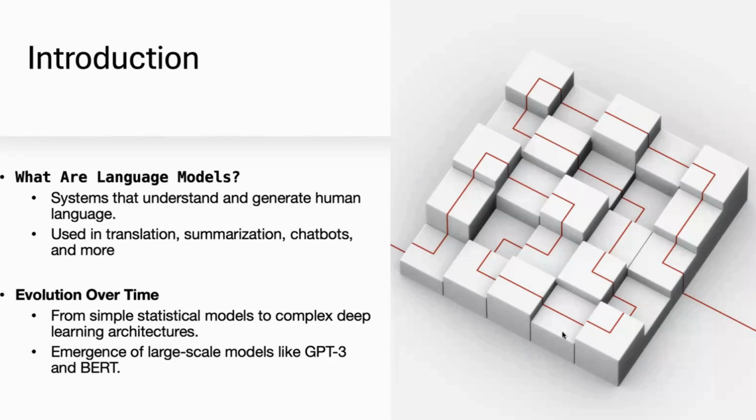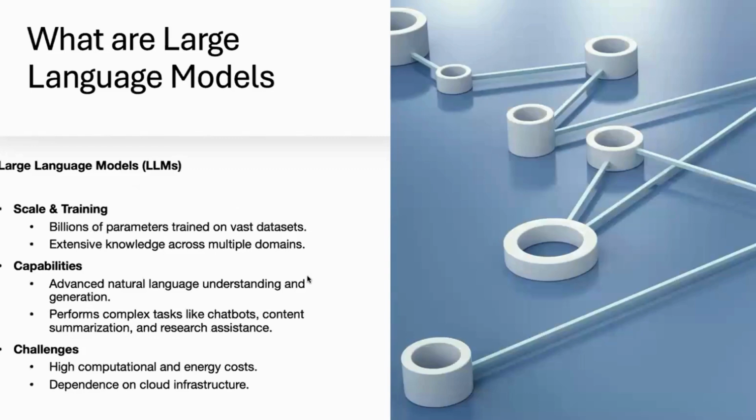So coming to the large language models. We know language models, but what are these large language models? Large language models are anything that has billions of parameters trained on vast data sets. They have really extensive knowledge across multiple domains, because they are trained on trillions of tokens of data coming from the internet, which has data across different domains, be it the medical domain, financial domain, or any domain that's on the internet.